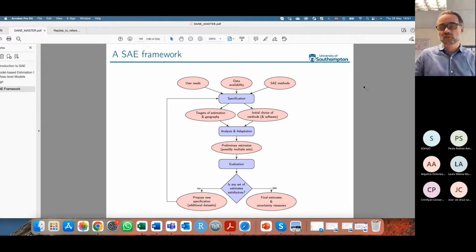But I suspect that you know what you're trying to estimate, and you know the geography that you're trying to estimate for, because a scheme of municipalities, for example, is a given geography, and that is what the government or practitioners or policymakers are interested in, right? So, okay, that gives you a possible small area framework.